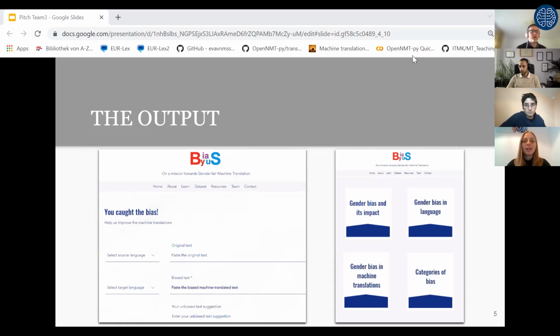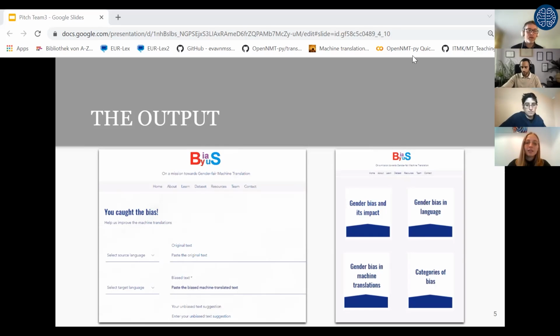So users can collaboratively gather, describe, and discuss such cases of bias. And they can provide examples of biased translation outputs and corrected outputs, either by submitting them directly on the website or by linking biased outputs to our website from online machine translation systems. So from DeepL or from Google Translate, for example.